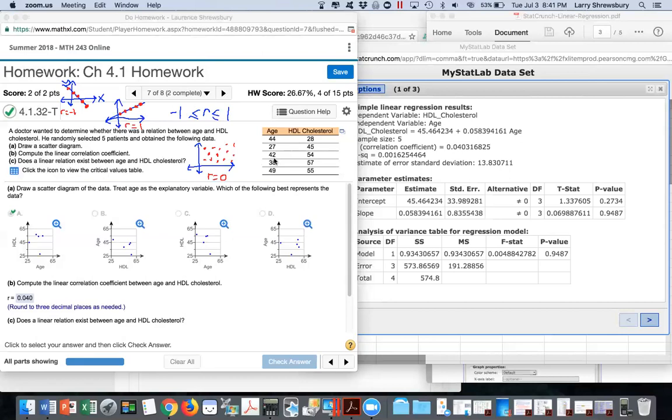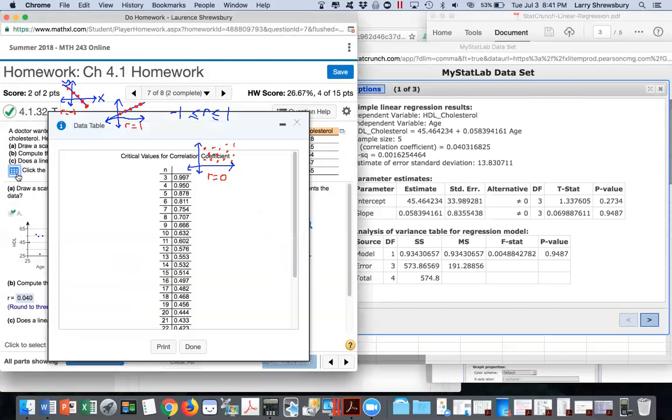We have 1, 2, 3, 4, 5. So n equals 5, because we took a random sample of 5, and from each of those 5, we got 2 measurements. All right, so let's go over here. And for n equals 5, our value for r would have to be 0.878.